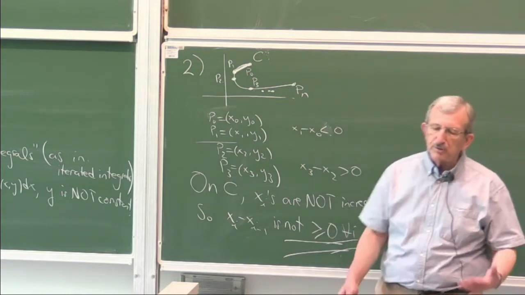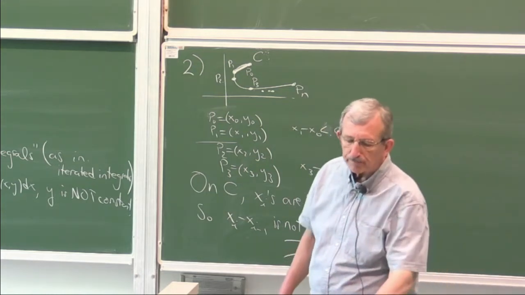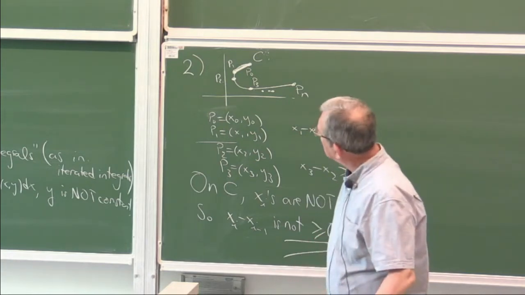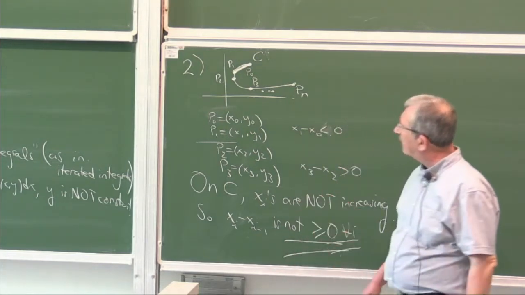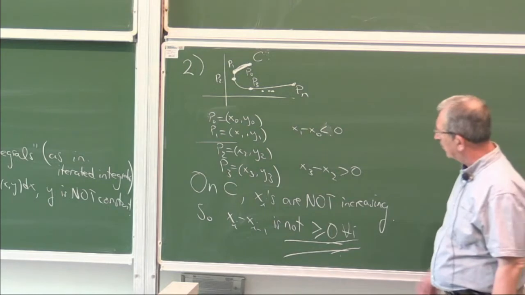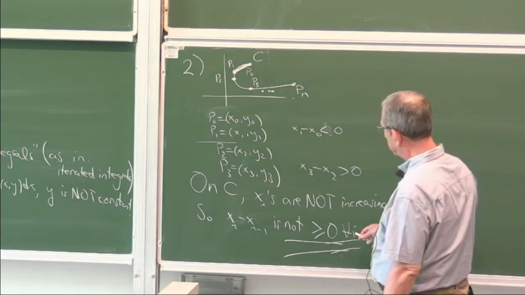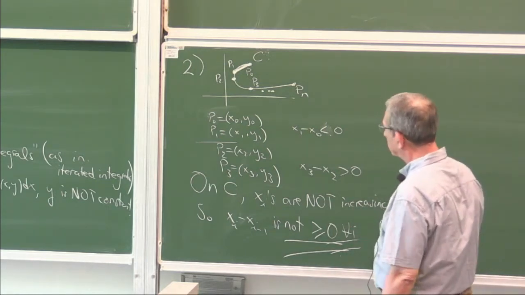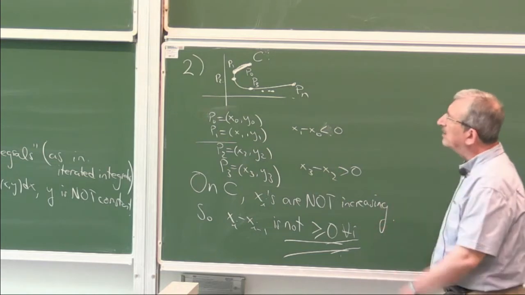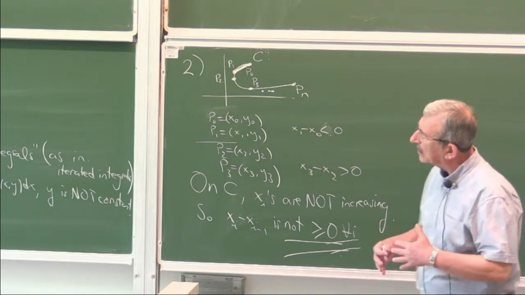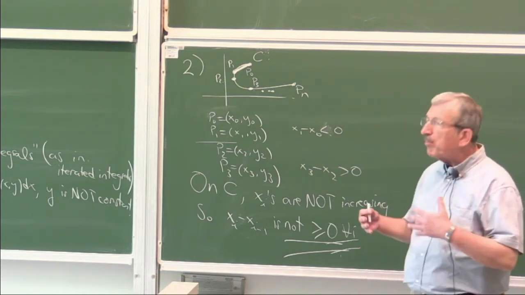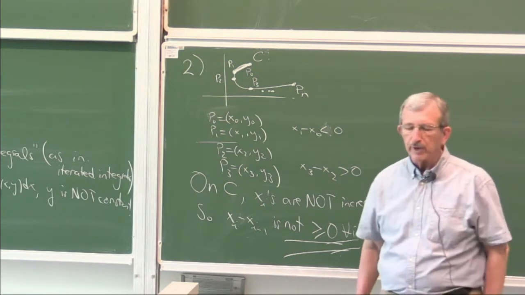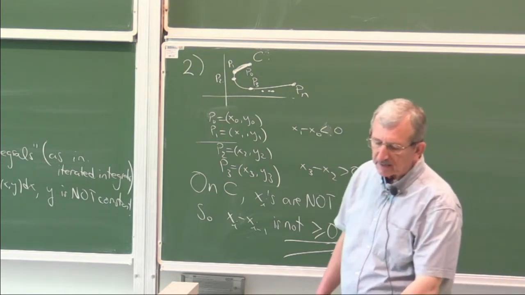So the composition property does not hold. Okay. So similarly, these are not increasing. And so it does not look like a definite integral or a partial integral, as we already remarked.